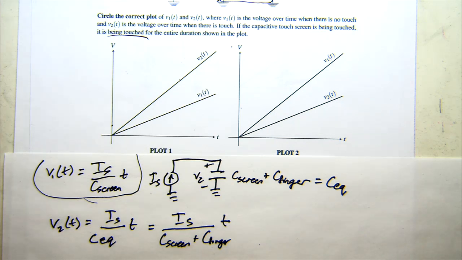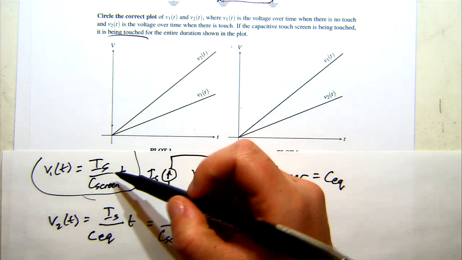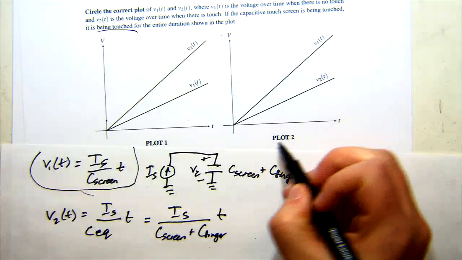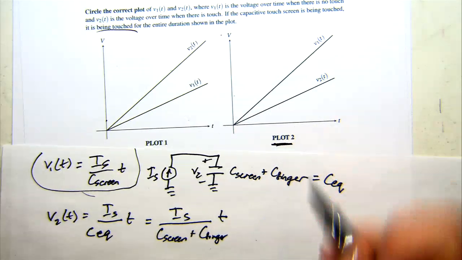In this case, we can see that the slope of V1 is greater than the slope of V2 because there's a larger denominator on V2. So this one is our correct answer.